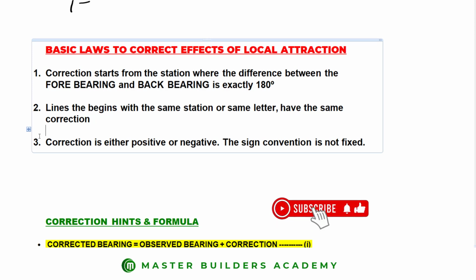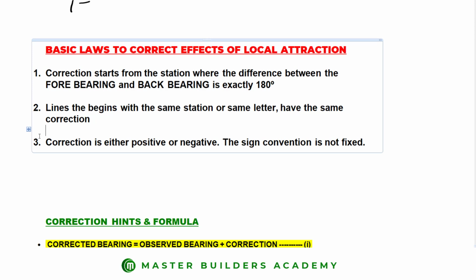180 degrees. Assuming you are given a series of results, and you are asked to correct the effect of local attraction, what you look out for is a station where the difference between the forebearing and back bearing is exactly 180 degrees. When you find that point, that is where you start your correction from.